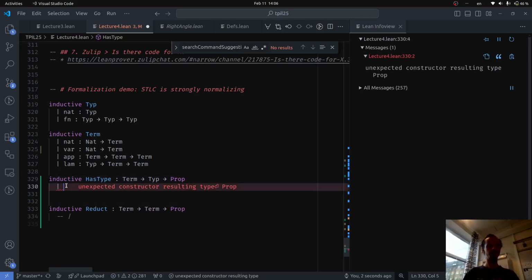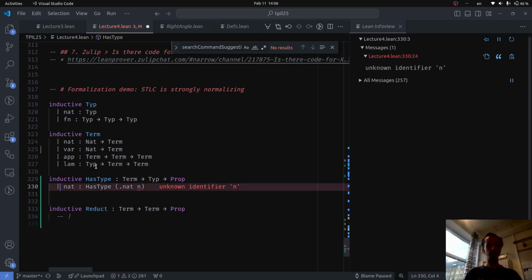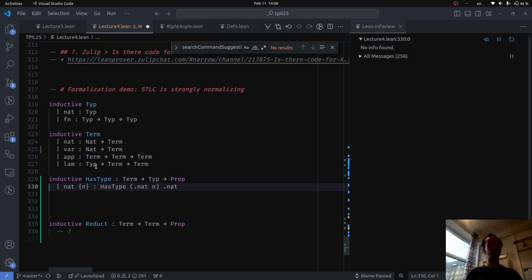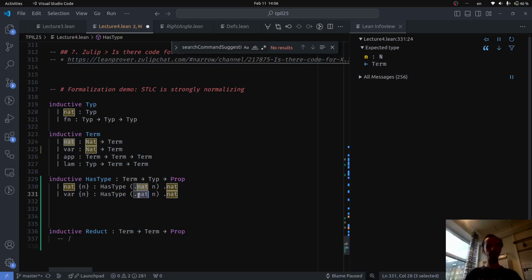So how do we do typing? There's a couple cases. We have natural numbers. So a natural number has the type nat. A variable, well, what type does that have?